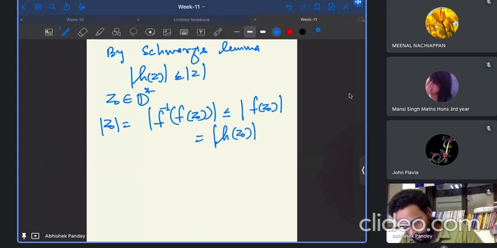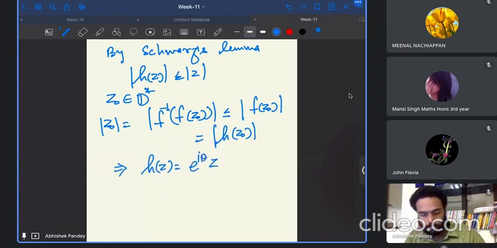So this implies h(z) is e to the power i theta z. So it means that f(z) is equal to basically lambda z.